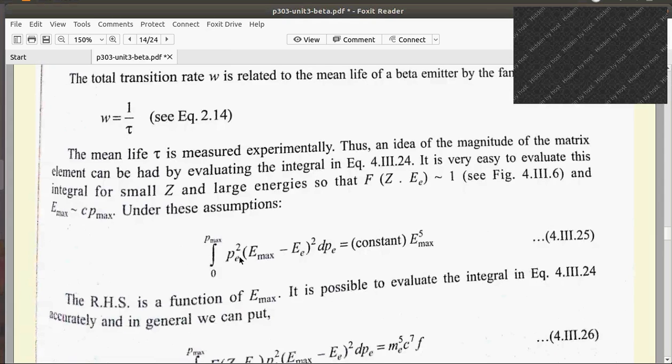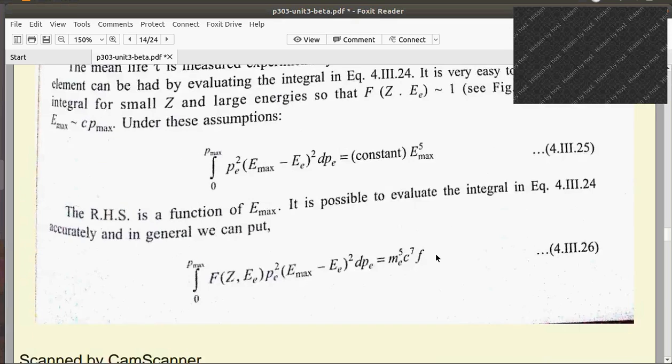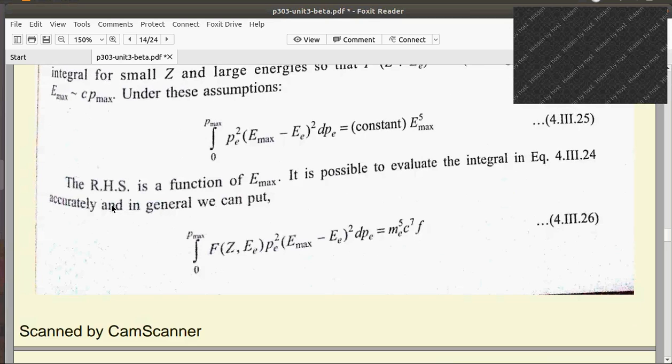And p_e squared can also be written as a difference of E_max. So you can easily get, on integrating, some constant multiplied by E_max raised to the 5th power. So what you get is that the RHS is a function of E_max.